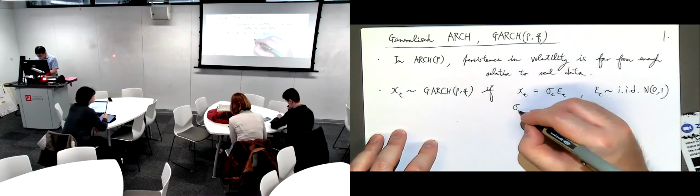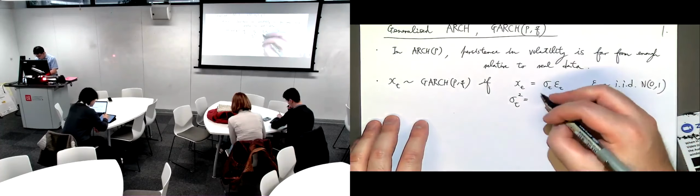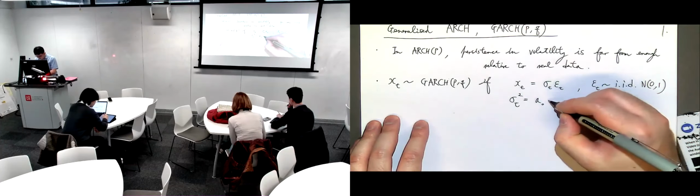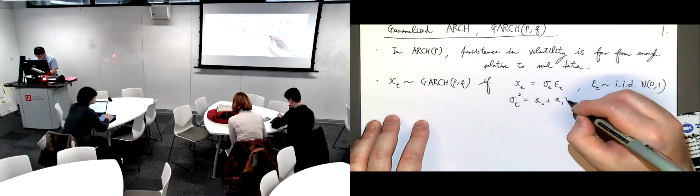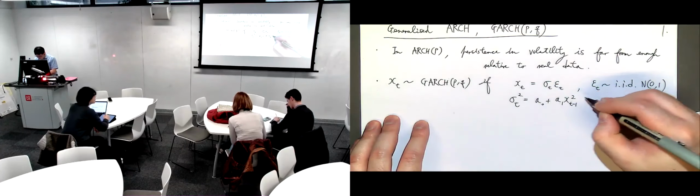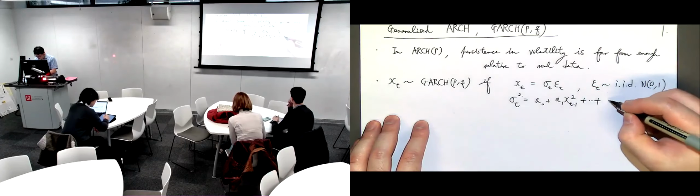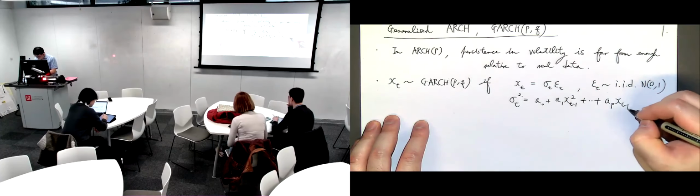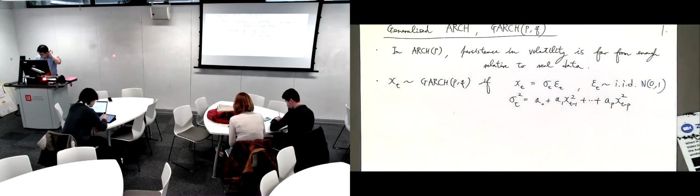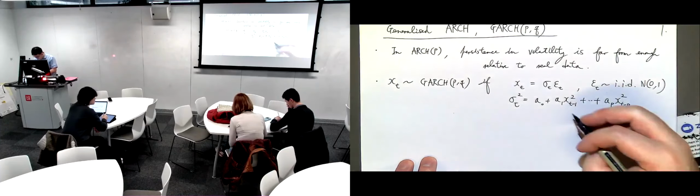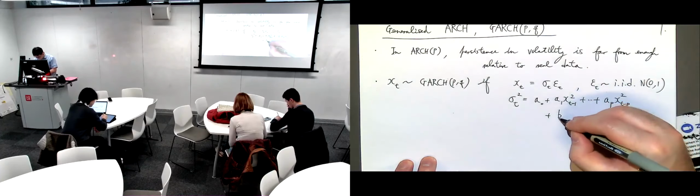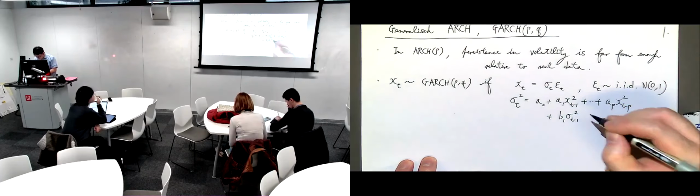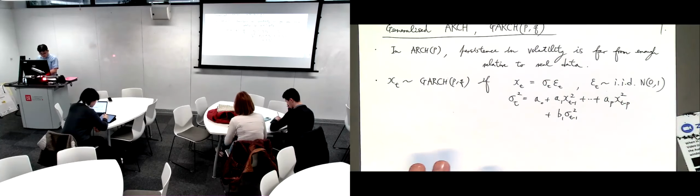But now our sigma_t squared will be different from the ARCH(p). Well, we should say similar, so it also has p terms here, X_{t-1} up to X_{t-p} squared, but we also add the past values of sigma_t squared themselves.